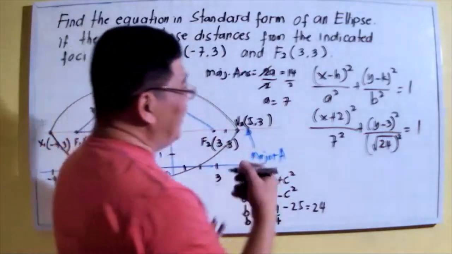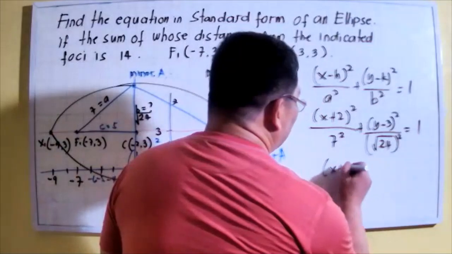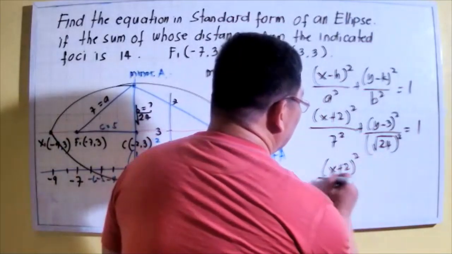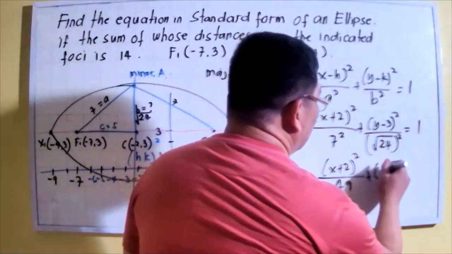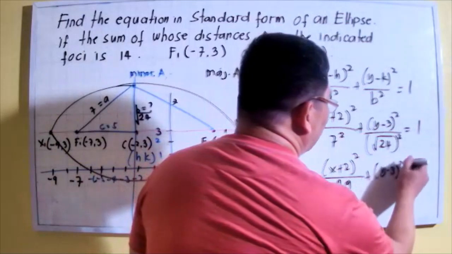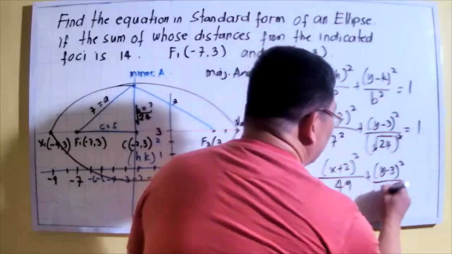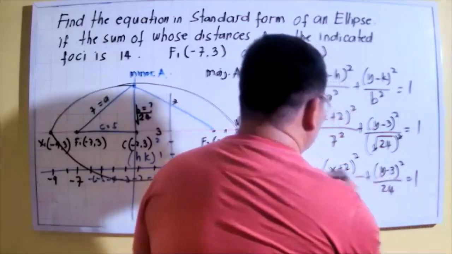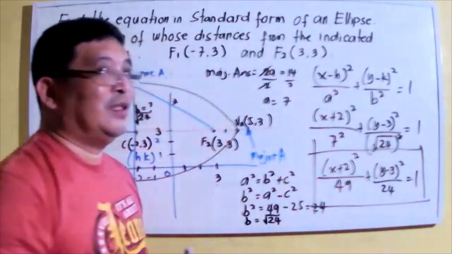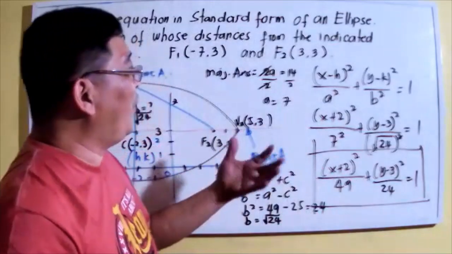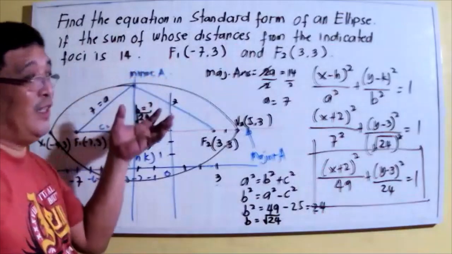Finally, the equation of an ellipse in standard form is x plus 2 square divided by 49 plus y minus 3 square divided by 24 (the square root and square cancel) is equal to 1. So now we have the equation of an ellipse with the given information, details, points, and coordinates.